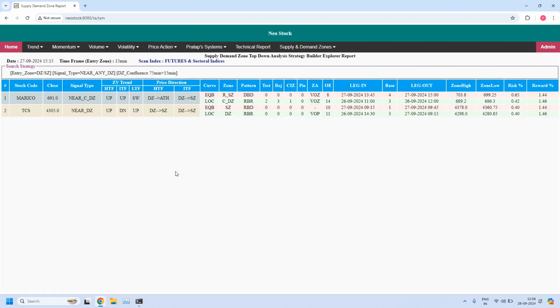So 2 stocks are having an ITF confluence. That means 15 minute zones are part of the 75 minutes demand zone. And RR is also good in both the stocks. Okay, this is about a 15 minutes demand zone.